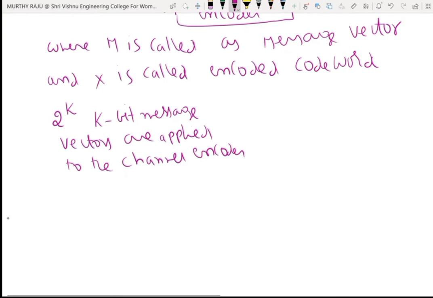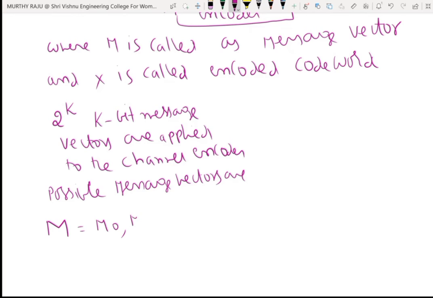There are 2 power k possible message vectors. M is equal to the message vectors M0, M1, M2, and so on up to M 2 power k minus 1, where k is the number of message bits in each and every message vector.